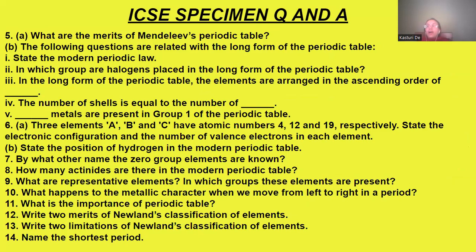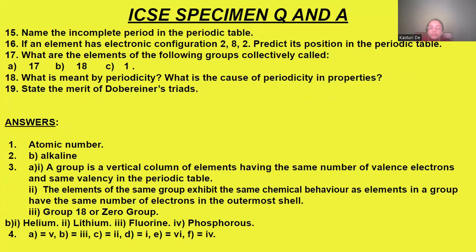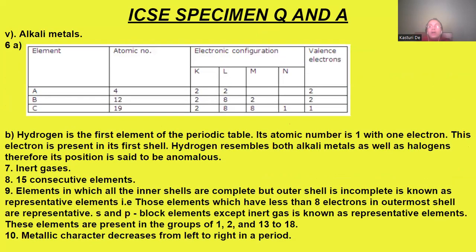Next, the position of hydrogen in the periodic table. Hydrogen is the first element of the periodic table because its atomic number is 1 and it has only one electron. This electron is present in the first shell. Hydrogen is similar to both alkali metals as well as halogens, and therefore its position is anomalous.